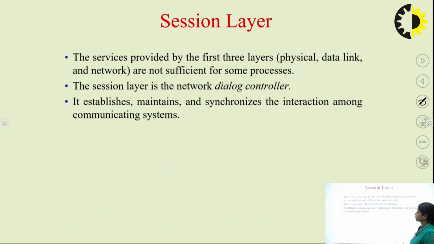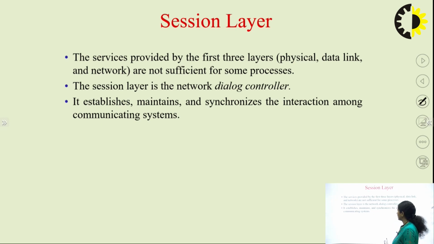Next we have the session layer. The services provided by the first three layers, the physical layer, data link layer and the network layer, are not sufficient for a few of the purposes. That means a few of the things are still remaining. So the session layer is a network dialog controller.